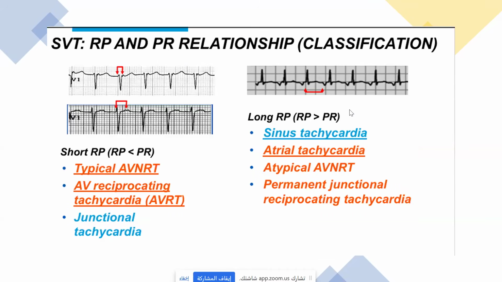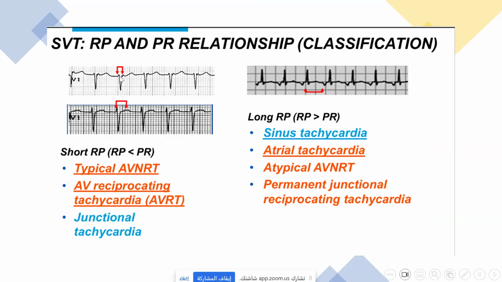When you have supraventricular tachycardia, a narrow complex tachycardia, the most important thing is to look for the P wave, and look at the relationship between the P wave and the QRS complex to classify it as either short RP tachycardia or long RP tachycardia. Short RP tachycardia is when the RP is shorter than the PR interval.